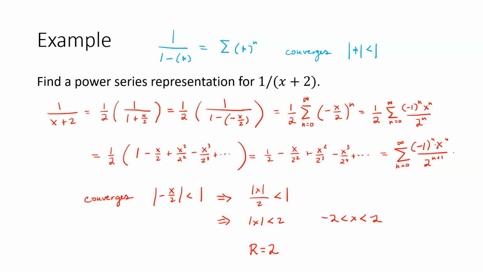Again, we can just quickly verify mentally here that when I substitute x equals negative 2, or when I substitute x equals positive 2 into the series, you get a divergent series. Because here, for instance, if I substitute in negative 2, you get 2 to the n over 2 to the n plus 1, which simplifies to 1/2, and so you have a series with just the constant term 1/2.